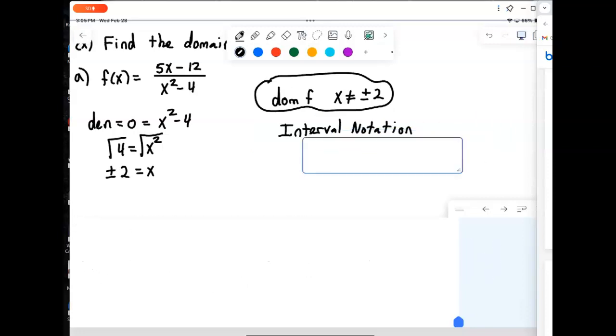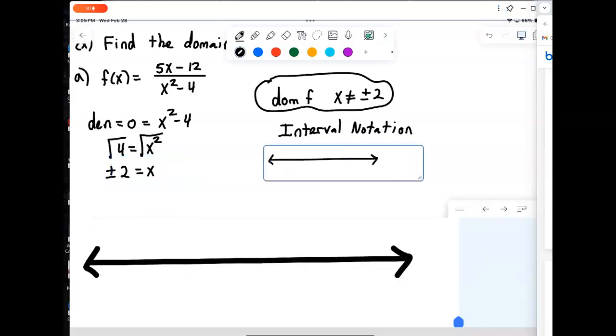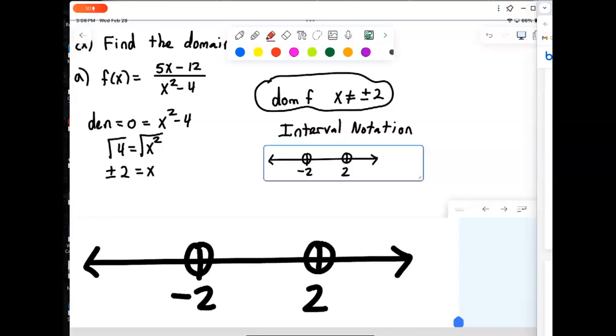So my advice with interval notation is just go to a number line and graph the inequalities that you have. In this case we can't be negative 2, and we can't be 2. I'm allowed to be anything else though. So I can be anything there, anything in between, anything above.